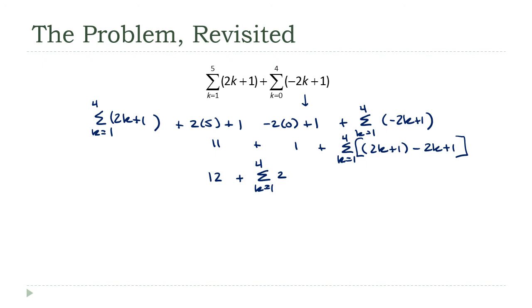So this looks a lot like it did on the last one. How many terms are there in that sum? Well, 1, 2, 3, 4. There's 4 of them. So what this is saying is add up 4 2's. Well, 4 2's, 2 times 4, that's 8. So this is 12 plus 8, which is 20. And look at that, we did thankfully get the same answer either way. Both of these methods work.